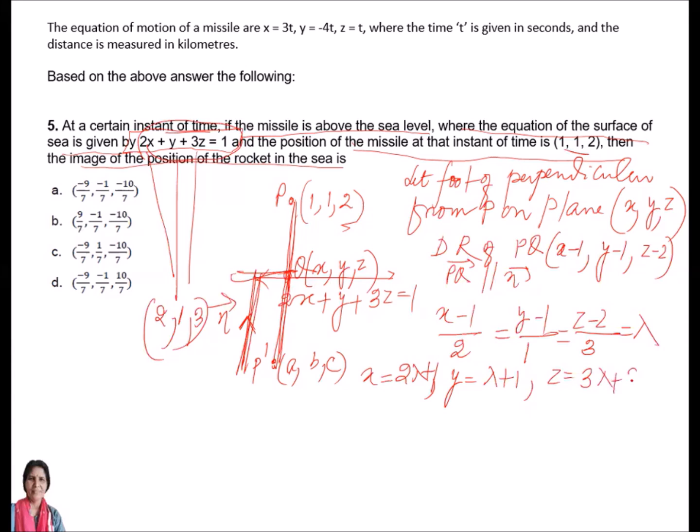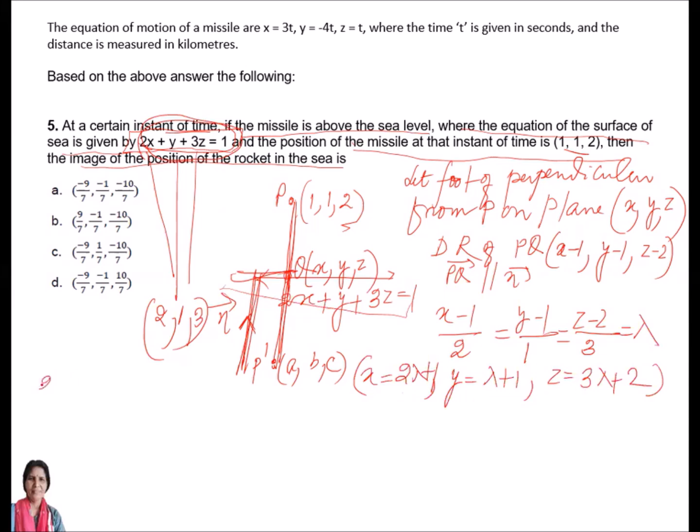Then I'll get x is equal to 2 lambda plus 1, y is equal to lambda plus 1, z is equal to 3 lambda plus 2. So this is your foot of the perpendicular. I'll get the value of lambda. How to get it? This point xyz is on the plane. What is the plane? 2x plus y plus 3z is equal to 1. So I'll put in this equation the values of x, y, z in terms of lambda.